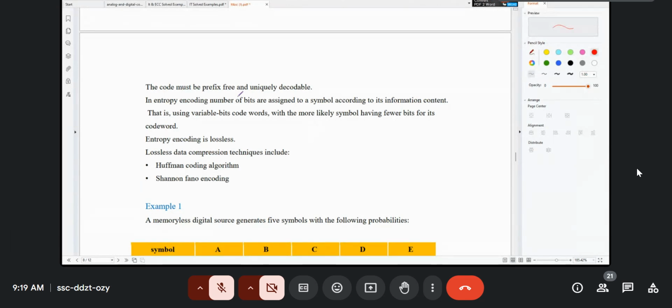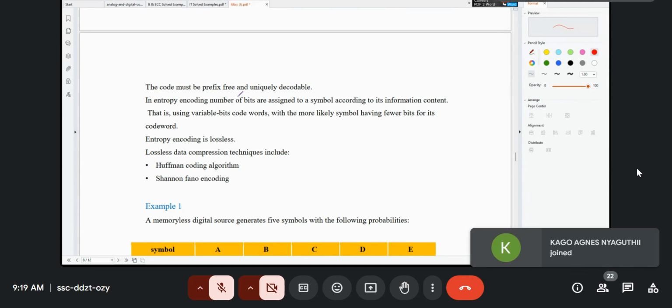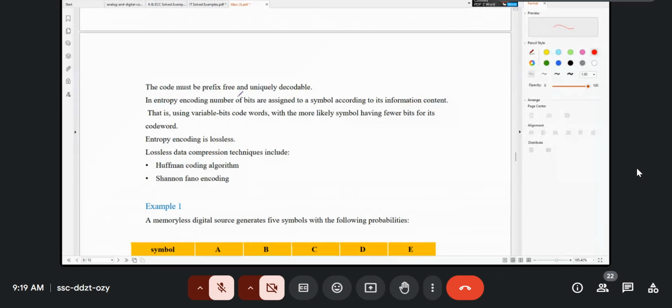We are saying it is lossless as a compression technique, because you are encoding, but you are attaining compression. So it is better, and you can see why we do this entropy encoding, because you are trying to achieve compression with the characters.